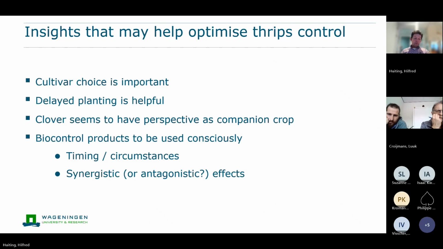There might be all kinds of synergistic effects, although there might also be antagonistic effects. We don't know, so we're really at quite an early stage. And with that, I would like to conclude.